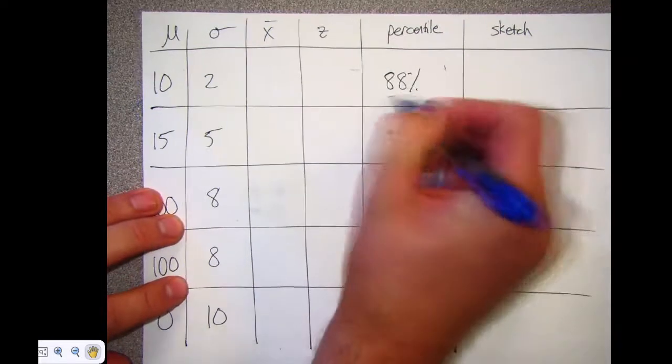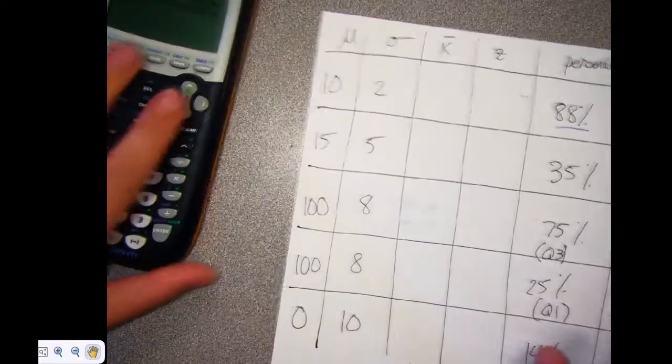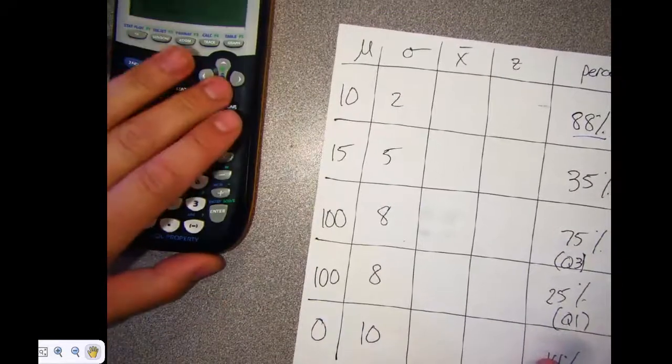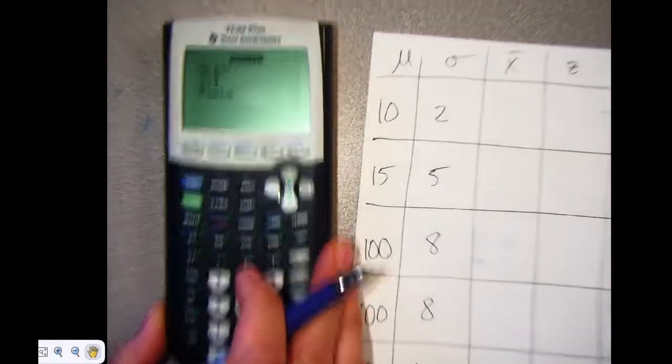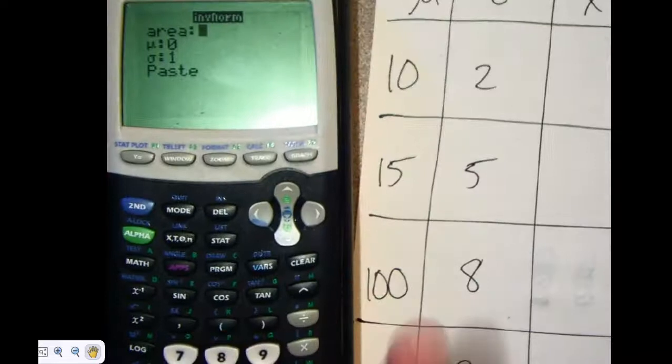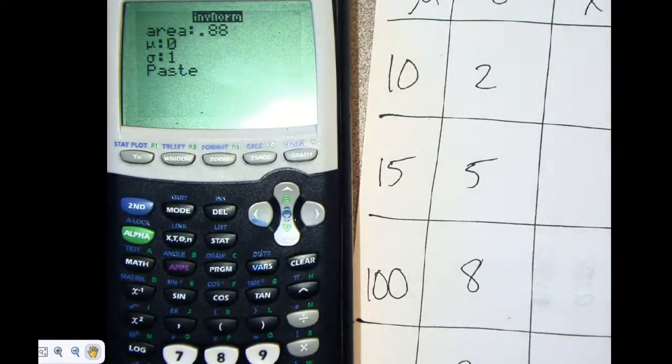So I have the percentile. I want the data point. So I'm going in reverse. That's inverse norm. Now in this one, I can type in inverse norm .88, but I know the mean. I don't have to use the default mean and standard deviation because that would give me a z-score.